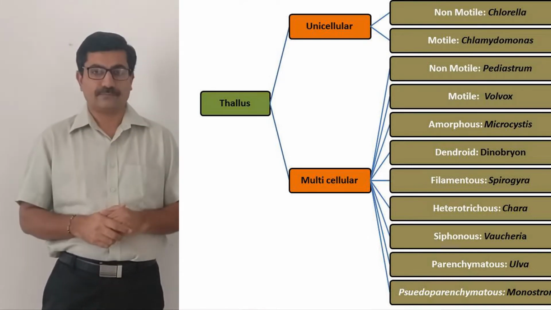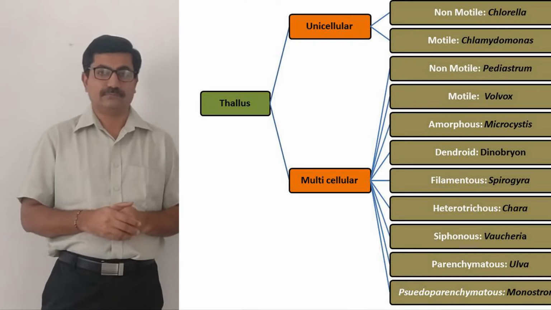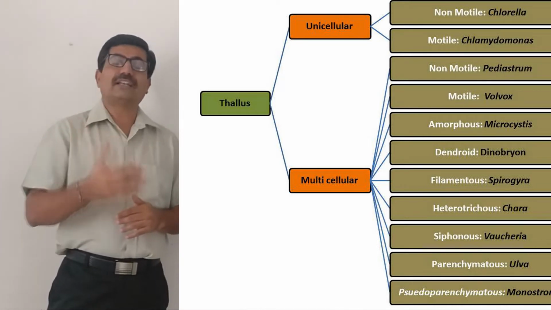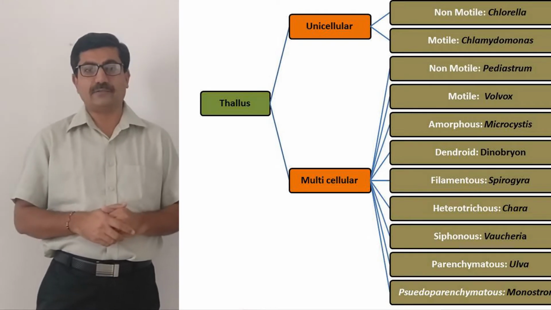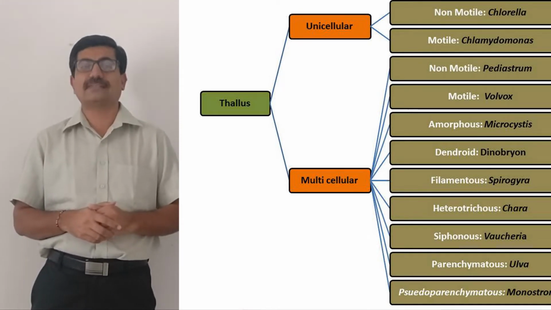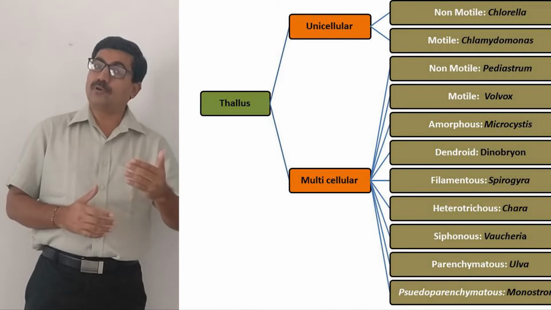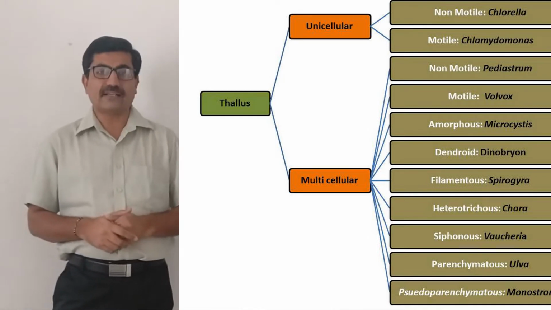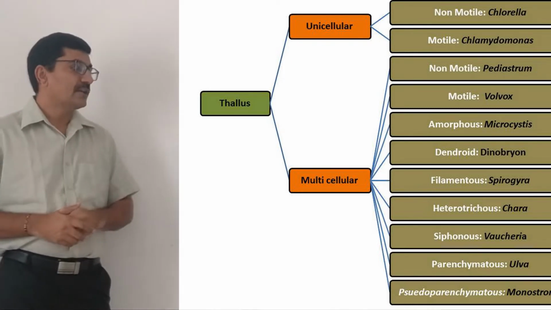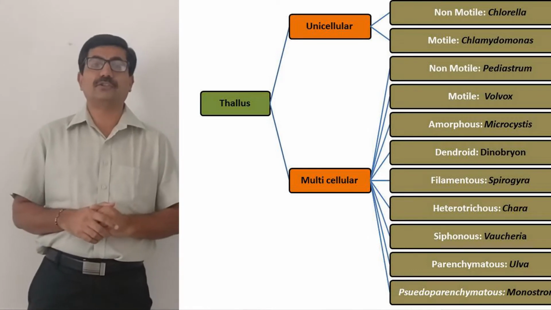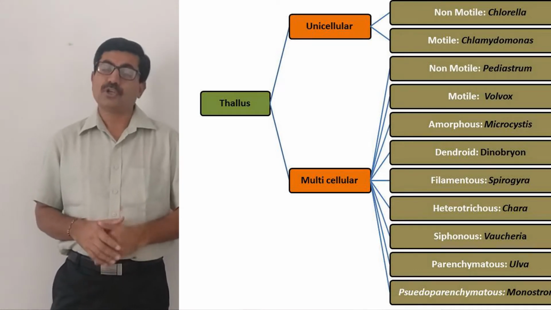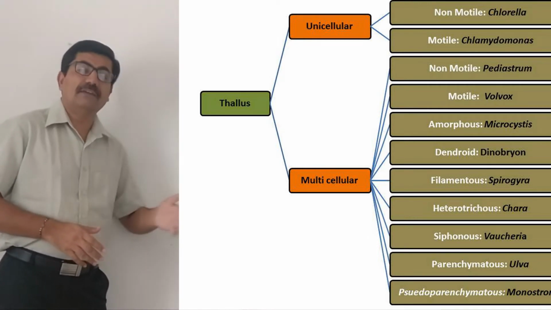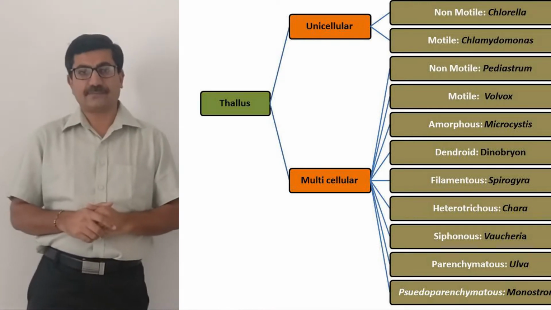If you remember our last episode on the eukaryotic structure of the algal cell, we discussed the Chlamydomonas cell. Chlamydomonas is a motile cell. So again, unicellular is divided into non-motile and motile. So there are a total of 11 types of thallus.